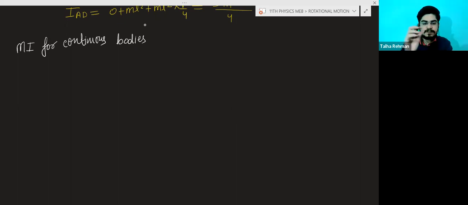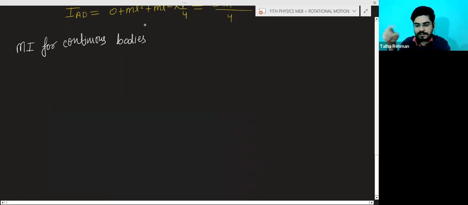So I am just categorizing the bodies as one-dimensional bodies, two-dimensional bodies, and three-dimensional bodies. One-dimensional bodies have only length, like a rod; we consider a rod as a one-dimensional body. Two-dimensional body means there can be area, rectangle type things.